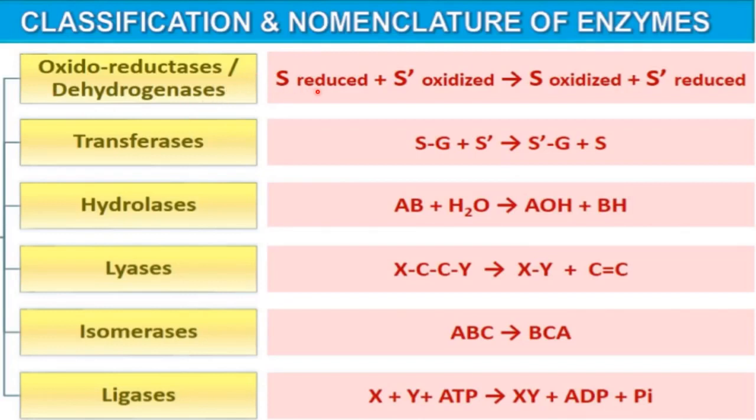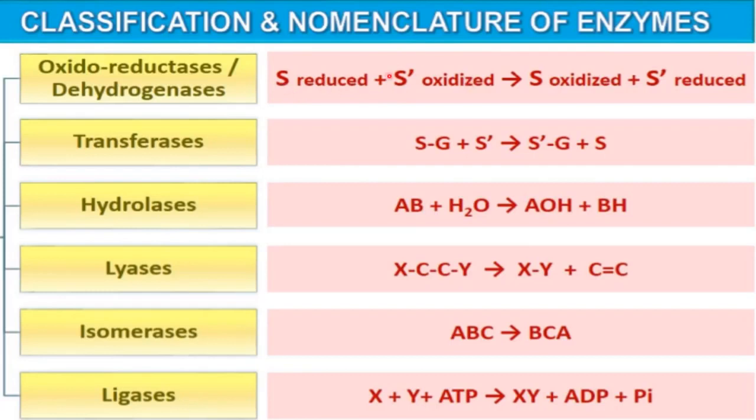How do these work? Because these are oxidoreductases, one molecule will be oxidized here and another will be reduced. So that's why these enzymes are called oxidoreductases, because they help in oxidation and reduction reactions. Here S represents the substrate.